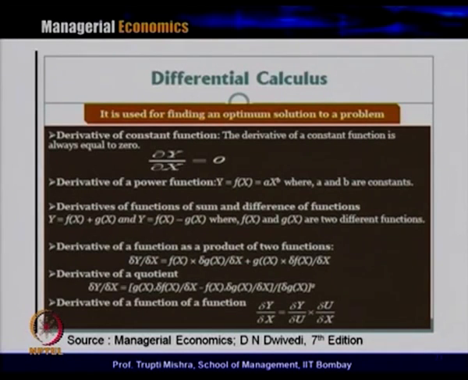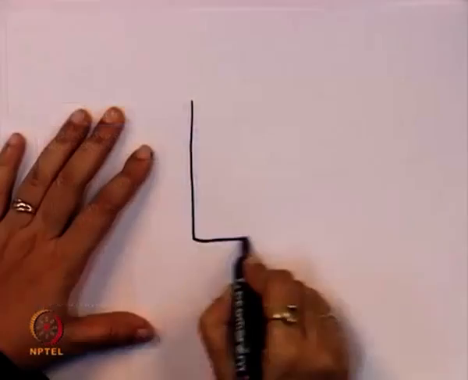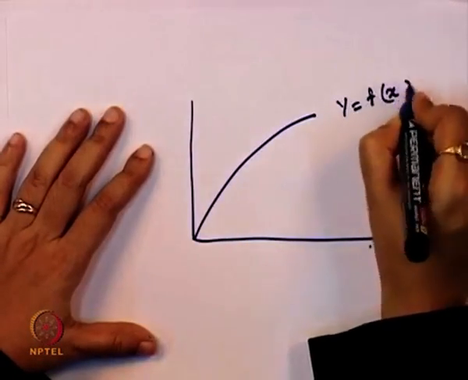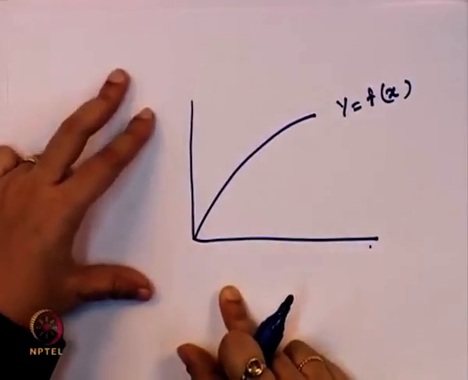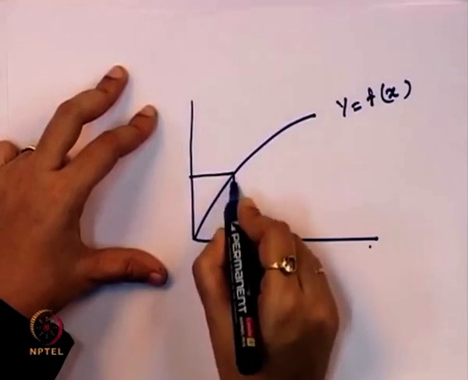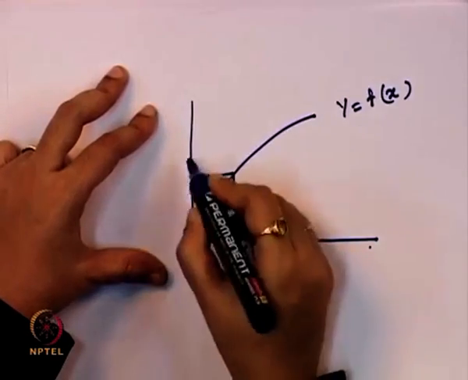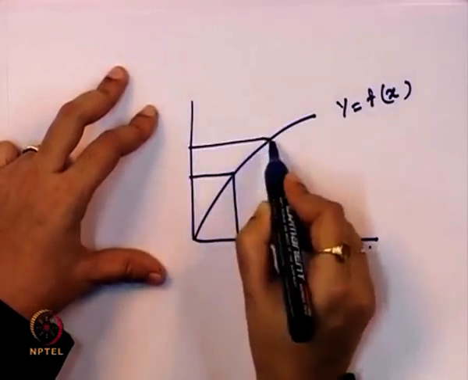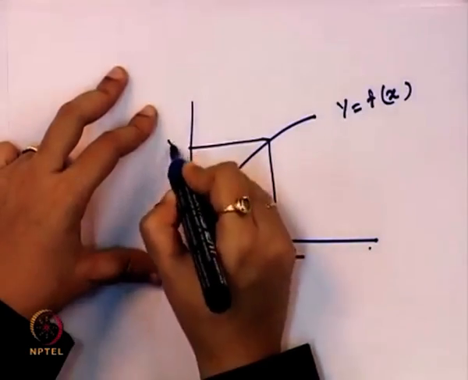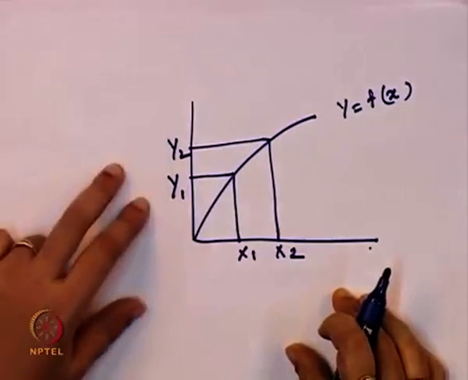So, we are considering y as the dependent variable and x as the independent variable. When we represent this in a graph, we take a function y is equal to function of x. Here we have x1, x2, this is y1, this is y2.